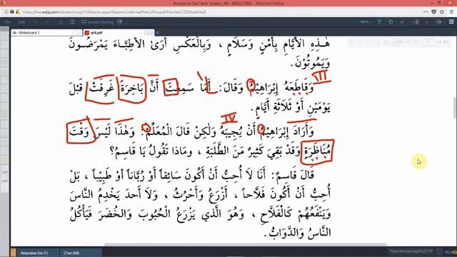وقد بقي كثير من الطلبة. وقد, here is an emphasis. بقي, from ba, qaf, ya, remaining. كثير, and there are many remaining. Mina, it should be min, not men. من الطلبة, from students. طلبة is a plural.